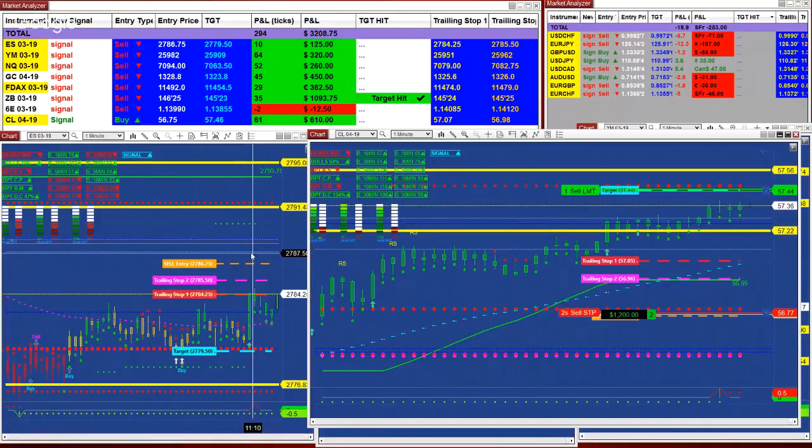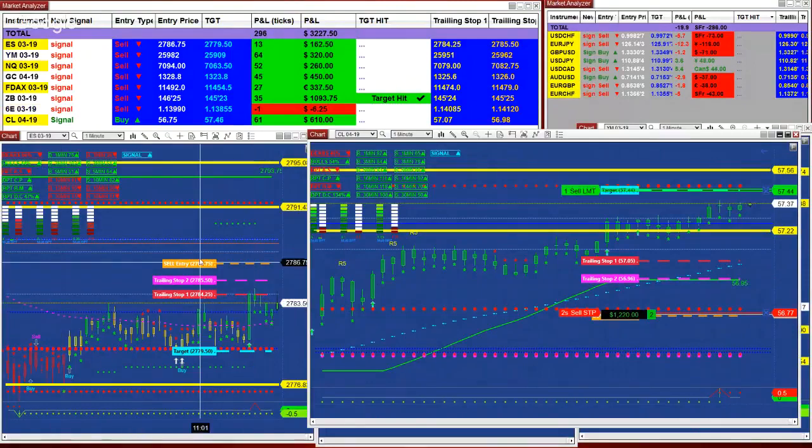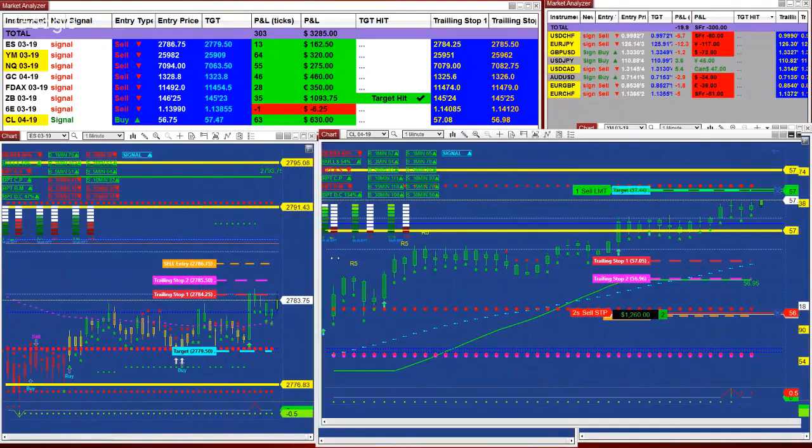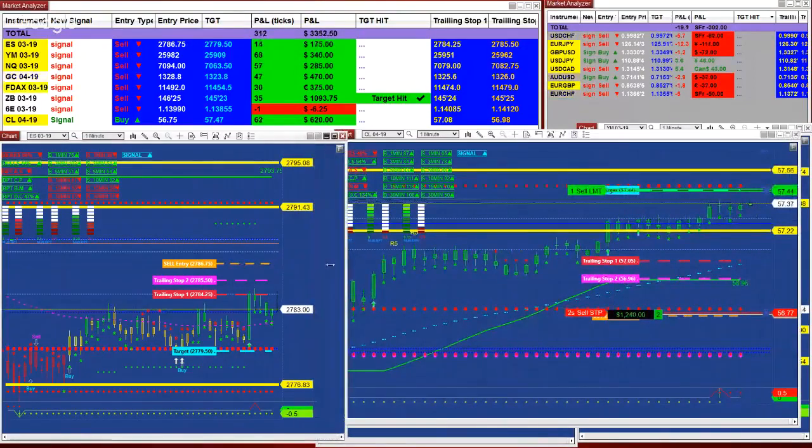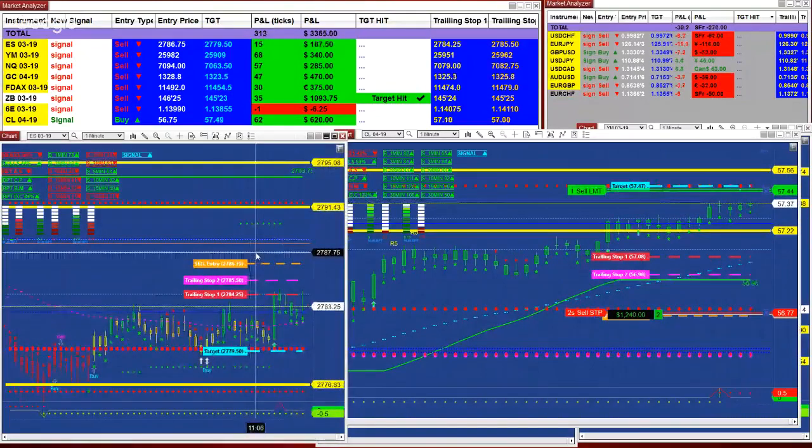The first problem is going to be on the ES started with this 87.75. This is where a good potential for short, actually, also.